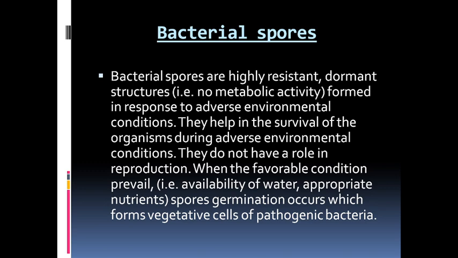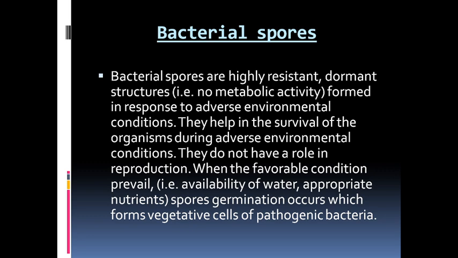When favorable conditions are present, like availability of water and appropriate nutrients, spore germination occurs from the vegetative cells of pathogenic bacteria.